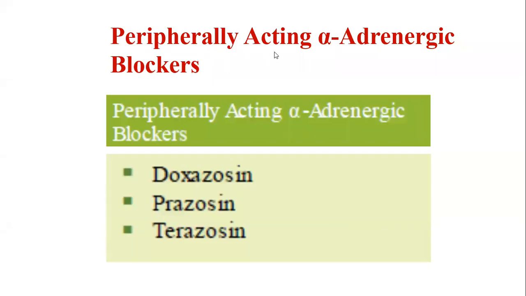So, peripherally acting alpha adrenergic blockers. These groups of drugs we use in the treatment of high blood pressure or BPH. BPH stands for benign prostatic hyperplasia.